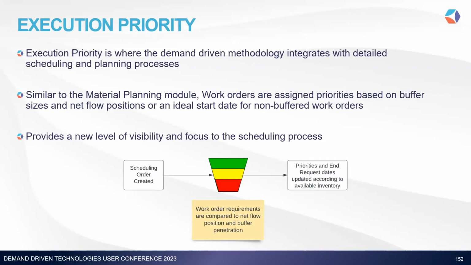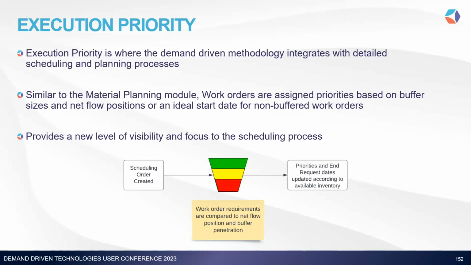Similar to our material planning module, our work orders get these priorities based on their buffer sizes and their net flow positions. For non-buffered items, it looks at an ideal start date. Ideal start dates are backwards scheduled from end request dates, comparing the ideal start date to current dates. Those non-buffered work orders get a priority depending on how you have your environment set up.